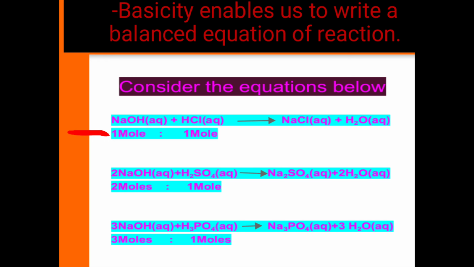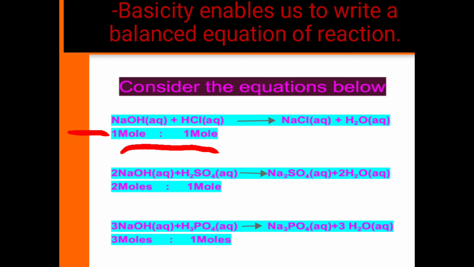When you look at that equation, you are going to find that the molar ratio between sodium hydroxide and the acid is 1 to 1. The molar ratio there is 1 to 1. I think you can see it. When we go to the other side, the products of the reaction, you are going to see that we are having sodium chloride and water.